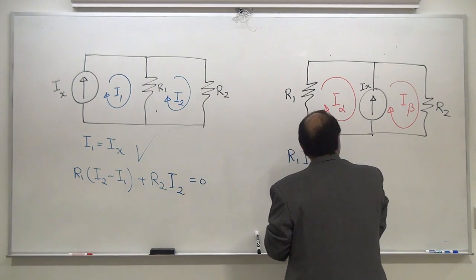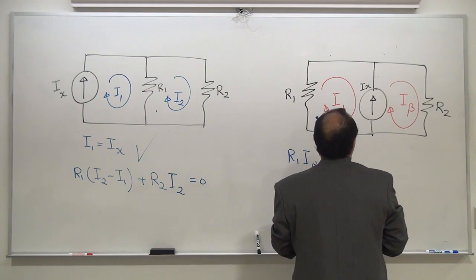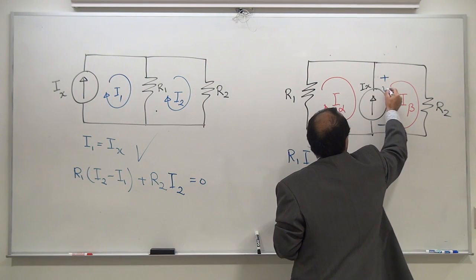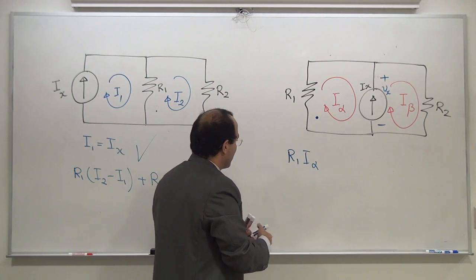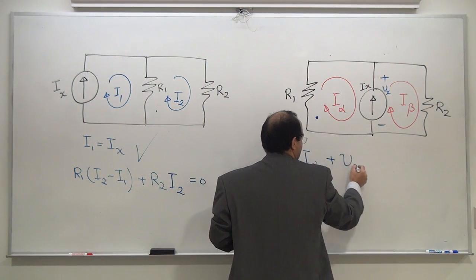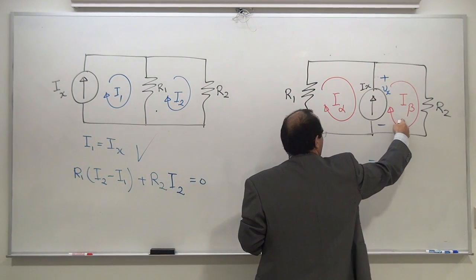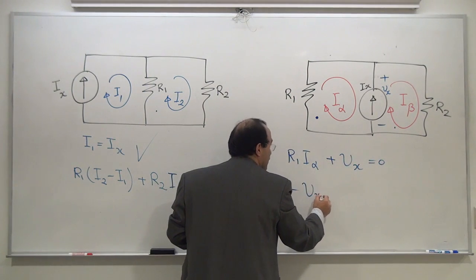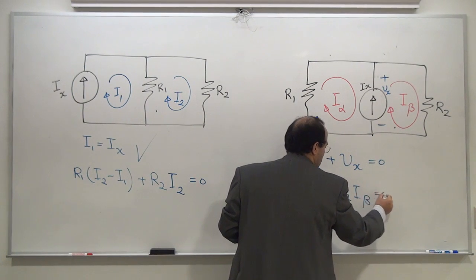So in order to have a successful assignment, I need to assign a new variable, Vx, across this. Then I can say R1 I alpha plus Vx equals 0. Then when I go into this loop, starting from this end, minus Vx plus R2 I beta equals 0.